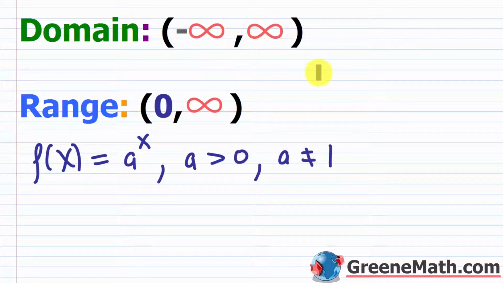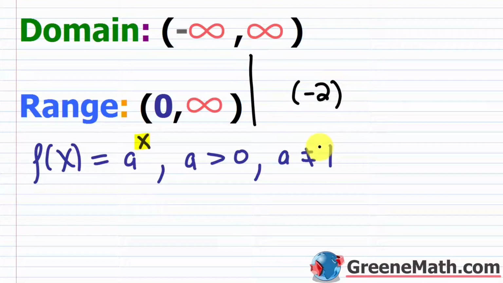So first and foremost, we're given the fact that the domain is the set of real numbers. So from -infinity to +infinity, I can plug in whatever I want for x. There's no restriction. But that comes at a cost to us because we have to now restrict a, since we're not restricting what gets plugged in for x. Let's say, for example, we allowed a, the base, to be something negative. So let's say we had -2.